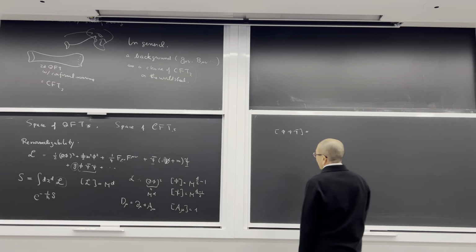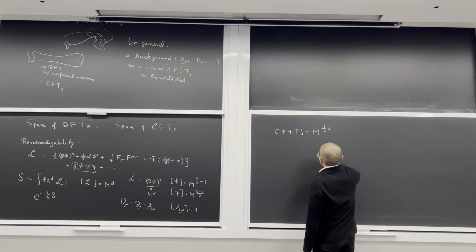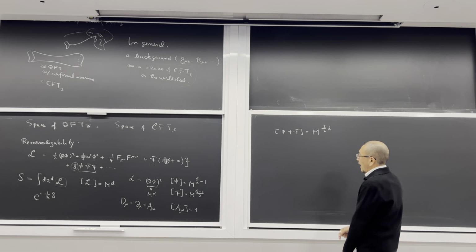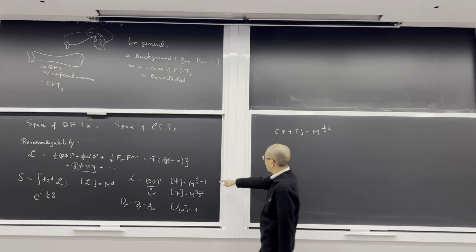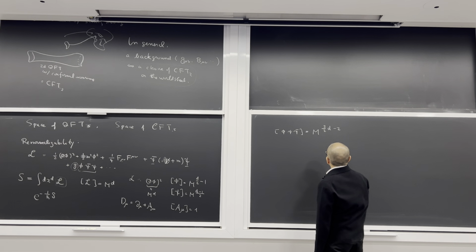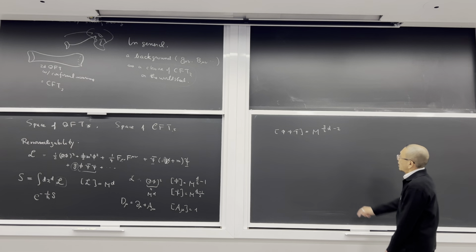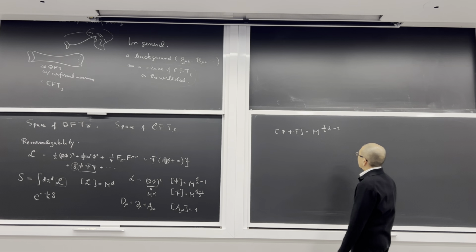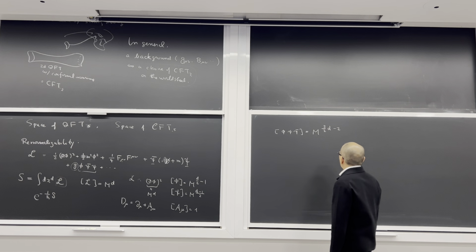Well, this should be equal to m to the power of half of 3d, and you have 1 phi and 2 psi, so minus 2. Right? So therefore, the mass dimension of the Yukawa coupling is this. Okay?